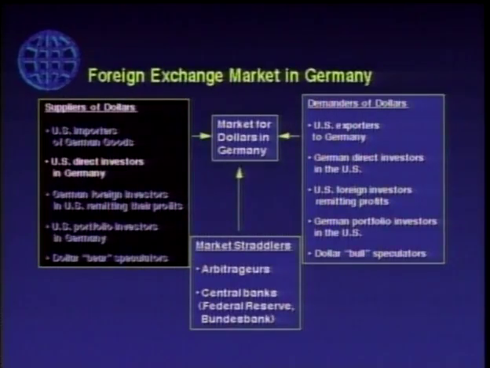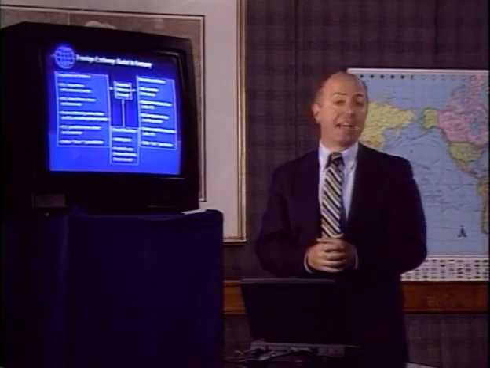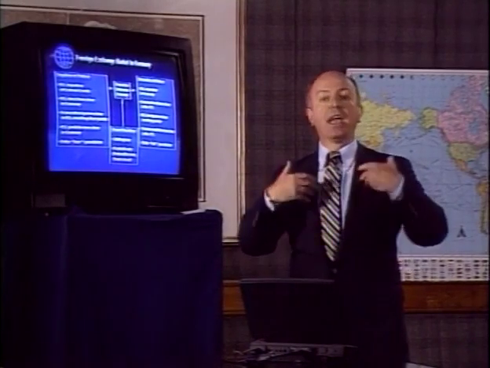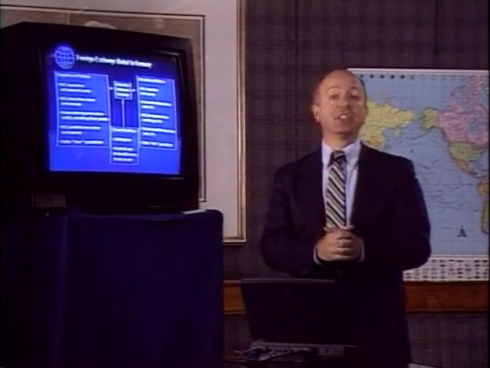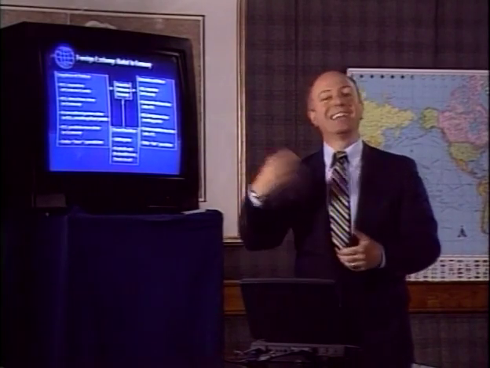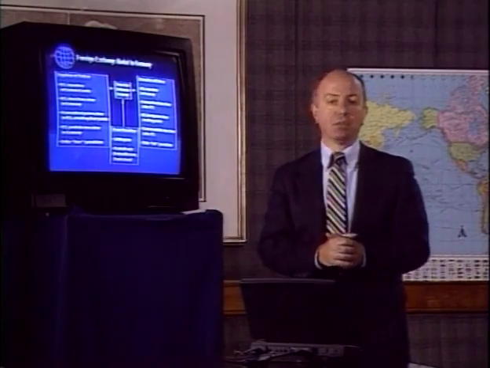Also, U.S. direct investors can also be suppliers of dollars, as we can see here. By direct investors, we're talking about, let's say, Ford building a factory in Germany. It therefore wants to pay for that factory in dollars, so it supplies dollars into the German market, to pay for that factory being built in Germany.